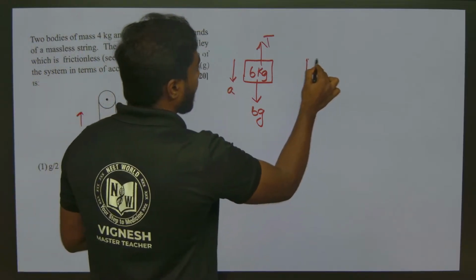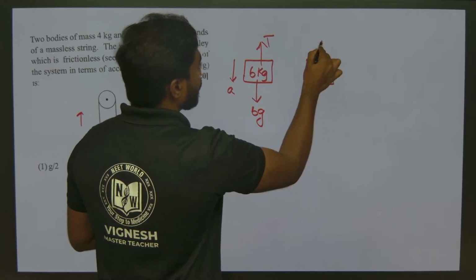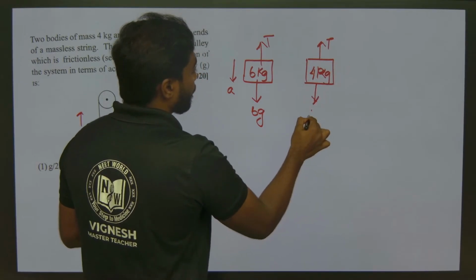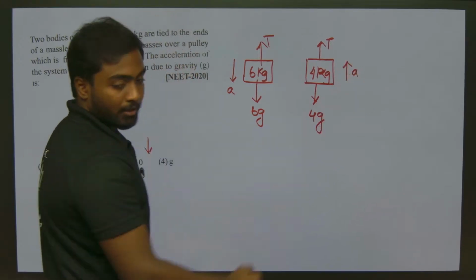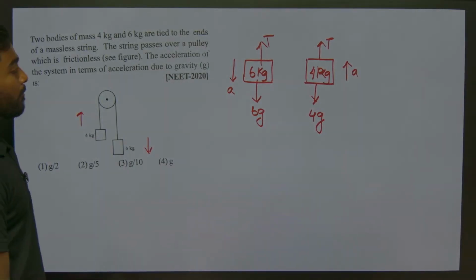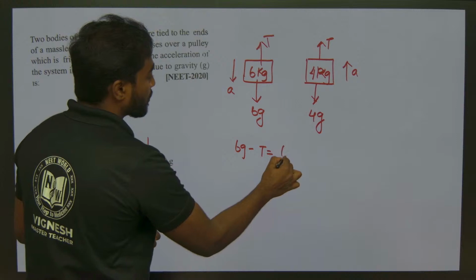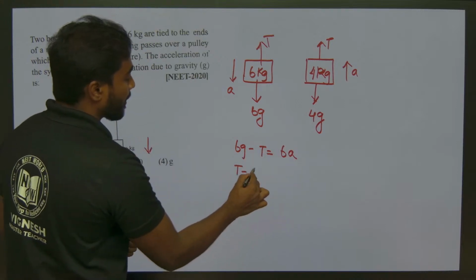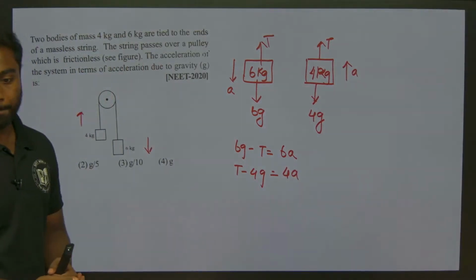For the 4 kg block, tension is towards up, 4g is towards down, and acceleration is towards up. Now the equations will be 6g minus T equals 6a, and T minus 4g equals 4a.